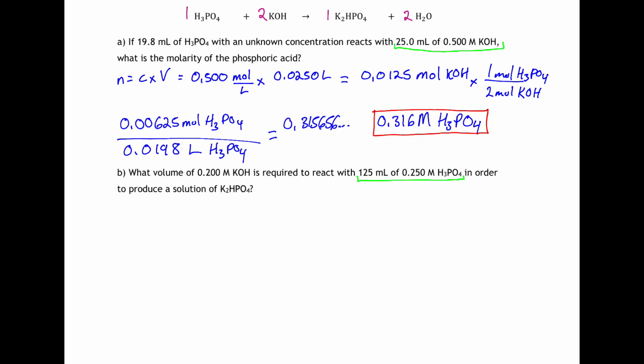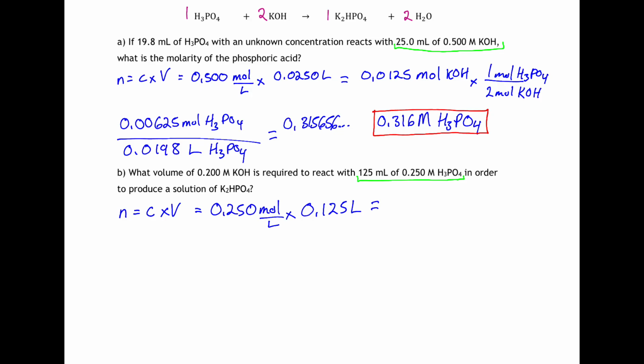That's the same as it was above here. So the number of moles is equal to the concentration times the volume. Concentration in this case is 0.25 moles per liter. And I got to multiply it by, again, transforming it into liters, 0.125 liters of the substance.